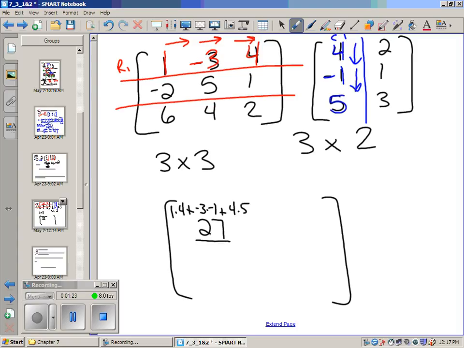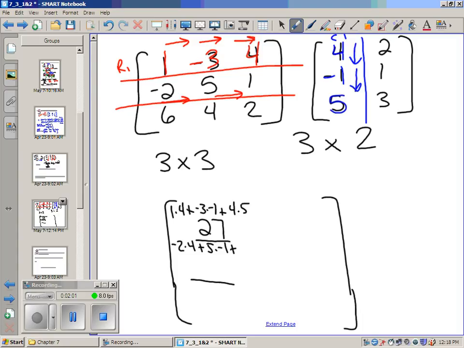Now I'm going to move down to the second row. I'm going to do exactly that same thing, only in the second row, but I'm going to stay in the first column. So you tell me what am I going to write down here? Negative 2 times what? 4, good. Plus 5 times negative 1, good.